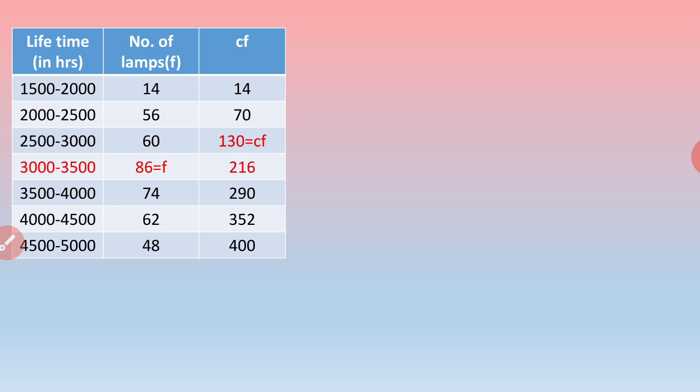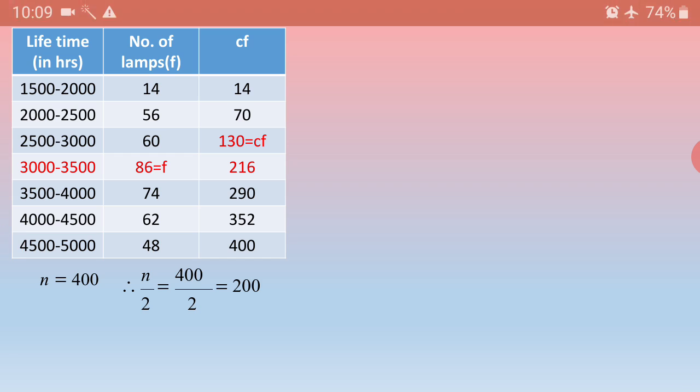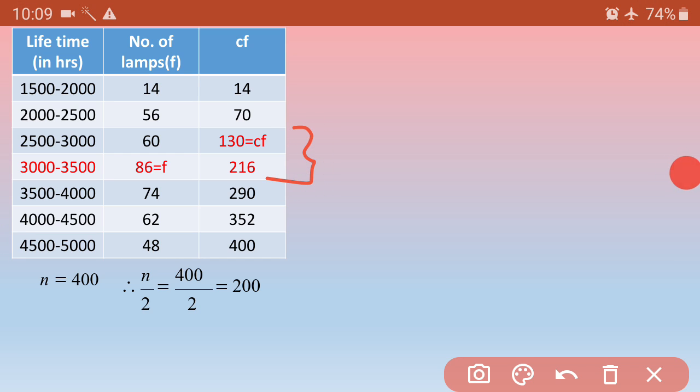You will find the CF, that is cumulative frequency. Here it is of the less than type, so we start addition from the top and we get the third column, that is CF. With that we decide on n and n by 2, which is 200. With 200 as n by 2, we decide the median class. 200 lies between 130 and 216.